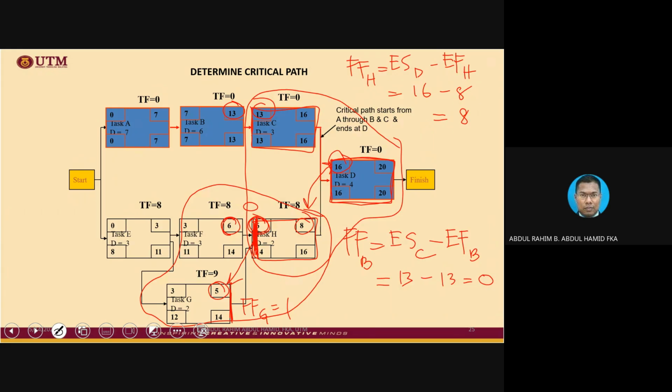Why? Because from the diagram you already know. If you compare these values, 3 and 3, you know that free float is 0. So now you already know that in this diagram, the only activities that have free float values are H and G. The rest have free float value of 0.